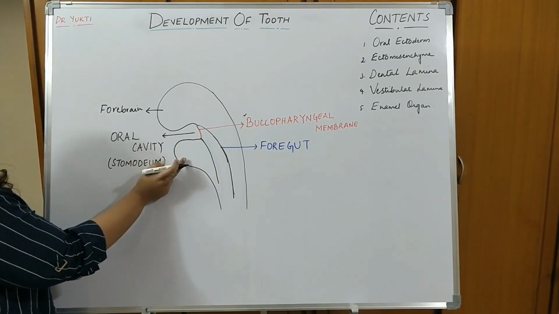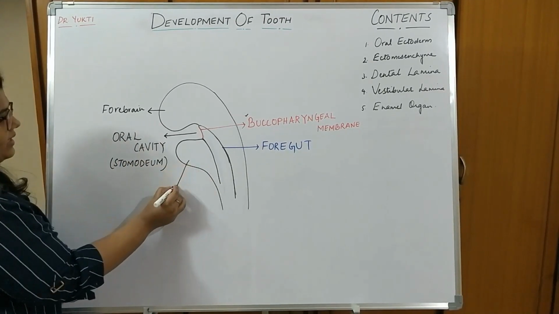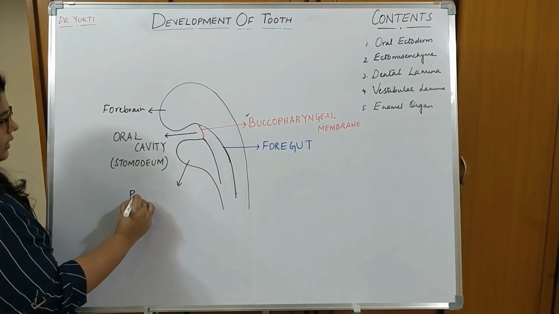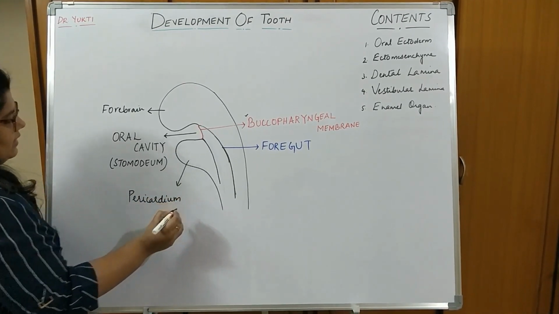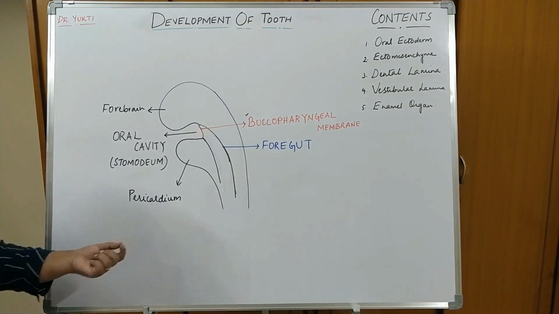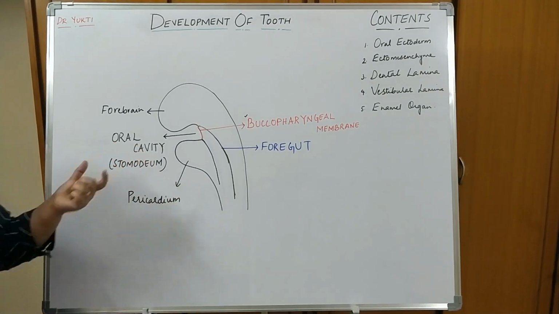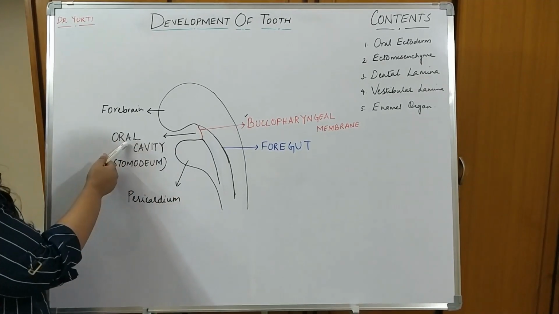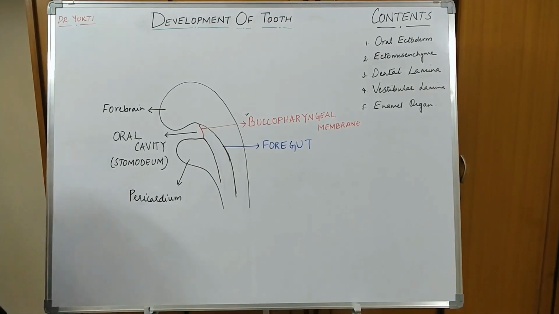Similarly, this bulge, the second bulge that you are seeing below the forebrain here, this is the pericardium, and this is the primitive heart. Okay, so between the brain and the heart lies our mouth. So mouth is nothing but the oral cavity, okay, and the primitive oral cavity is called the stomodium.